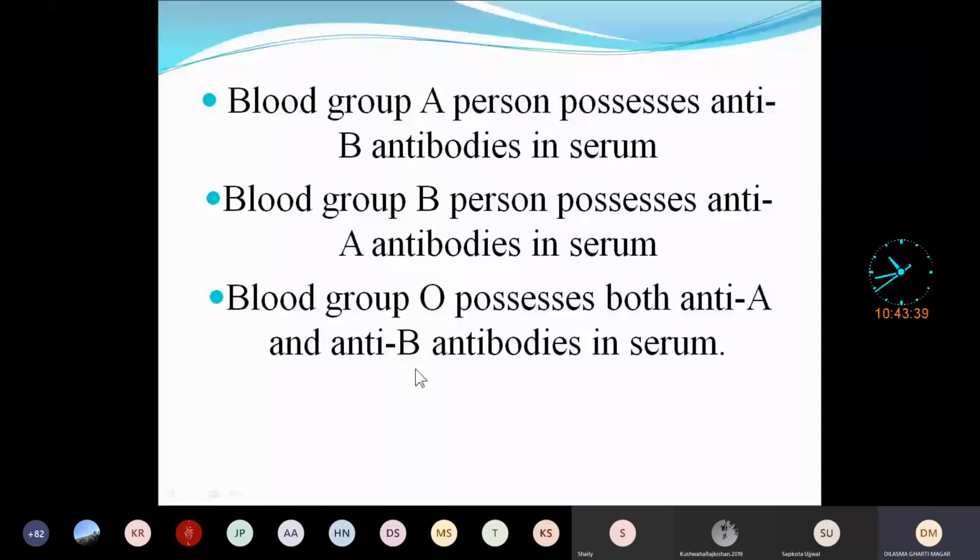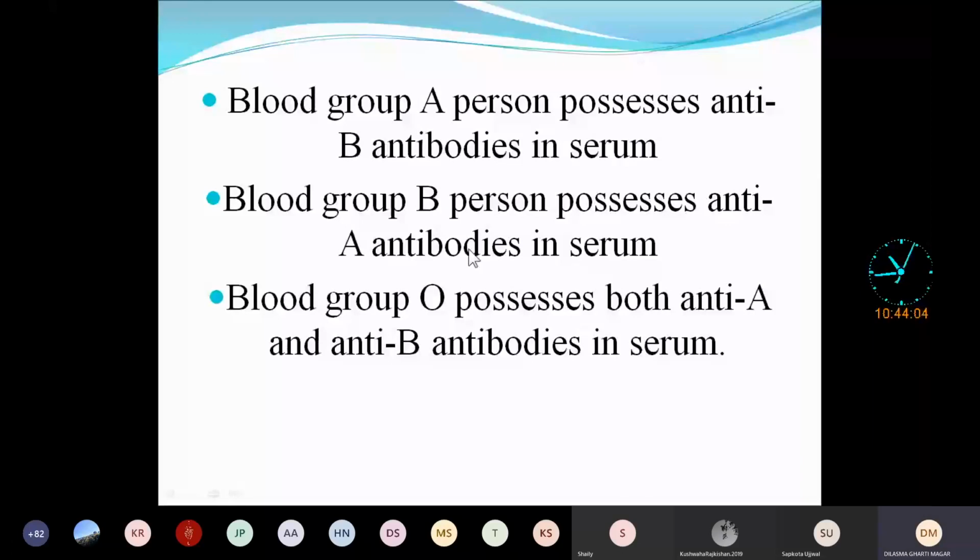So you have to remember this slide. Suppose a person is A positive, so A blood group, then in that person's serum or plasma there will be the anti-B antibodies. If the blood group is B, then in the plasma or serum there will be the anti-A antibody.